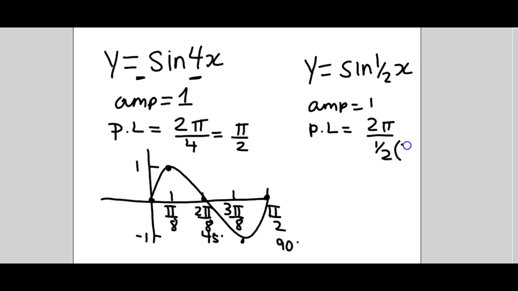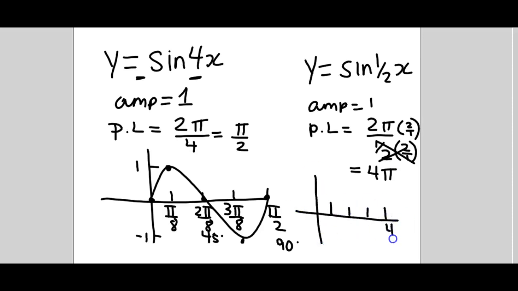So if we multiply by 2 over 1 and 2 over 1, you have 2 pi times 2. So your period length is actually 4 pi. Okay, so our picture would just look like 1, 2, 3, 4. It's going by pi's. 1 pi, 2 pi, 3 pi, 4 pi.